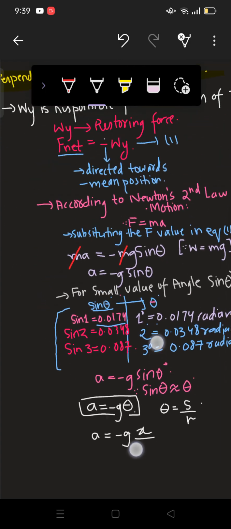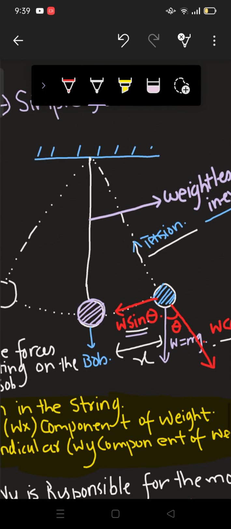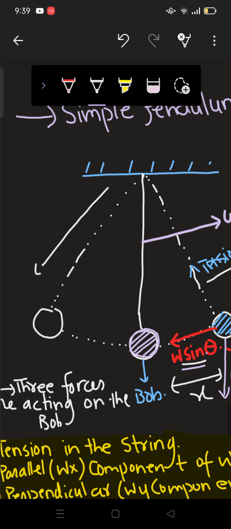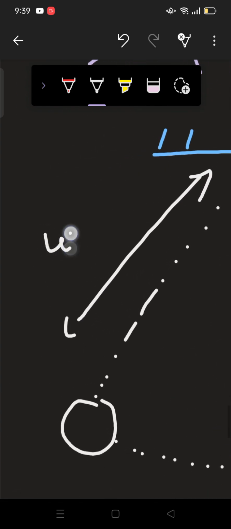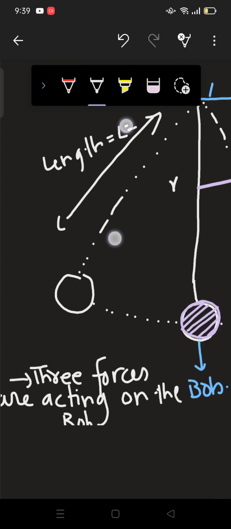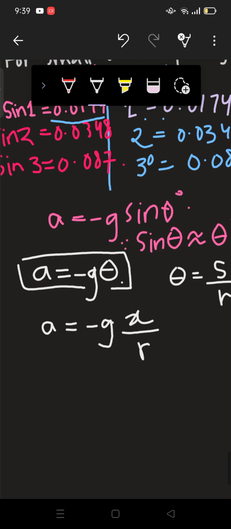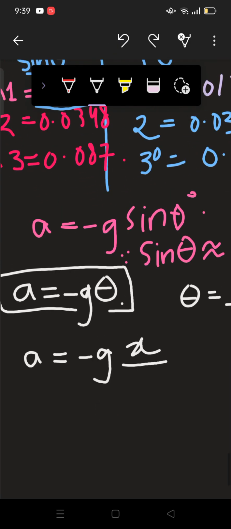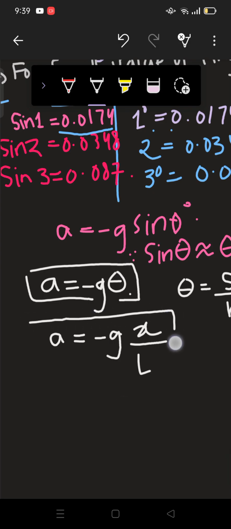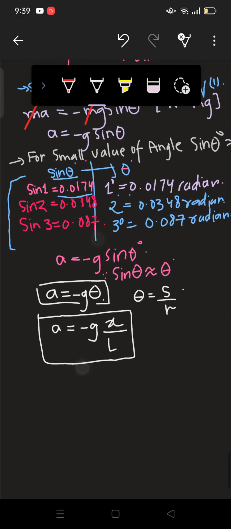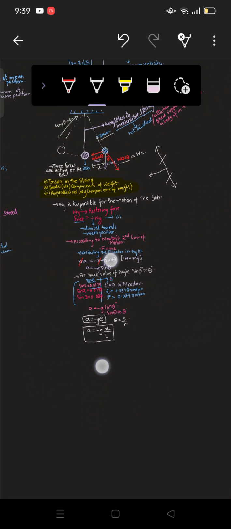What is r here? This is our r, which is equal to length L. So you can put here L, that will be better. So this is our final formula for finding the acceleration of the simple pendulum. This was all for today.